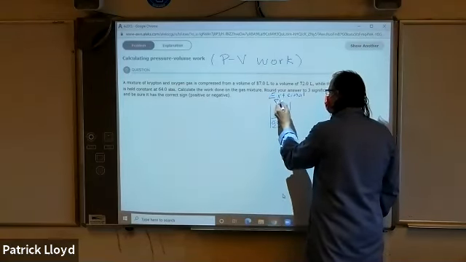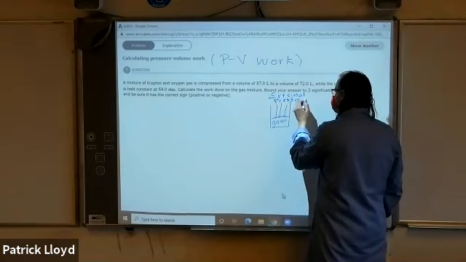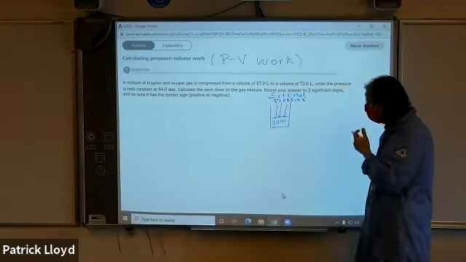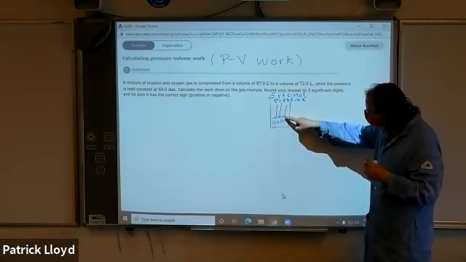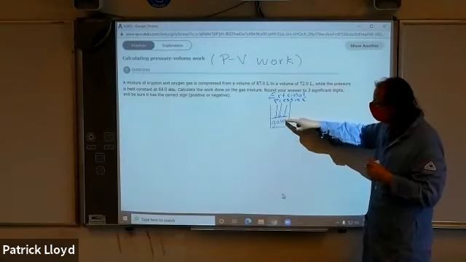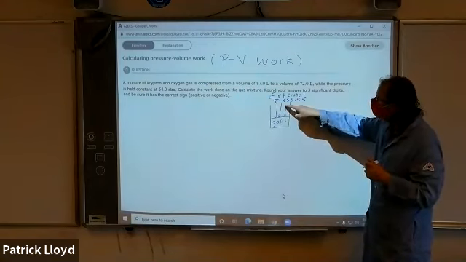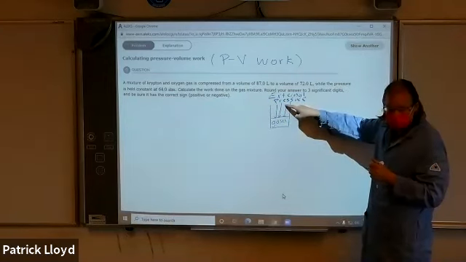External meaning from the outside. There's energy associated with either compressing the gases or the gases pushing upward and expanding.